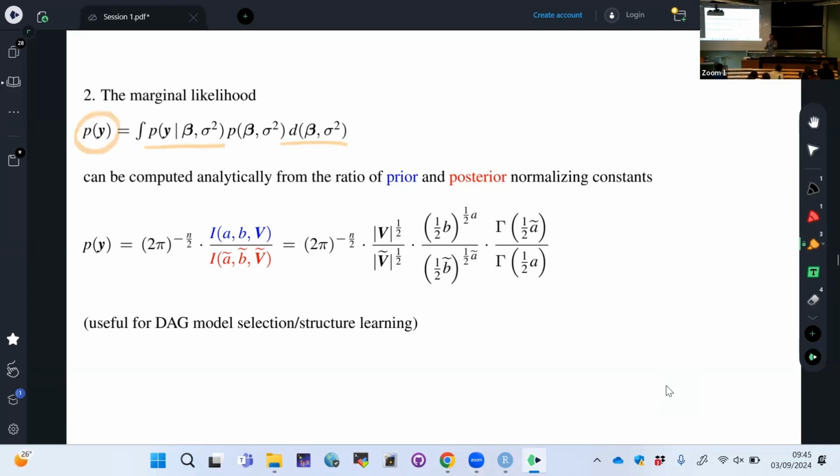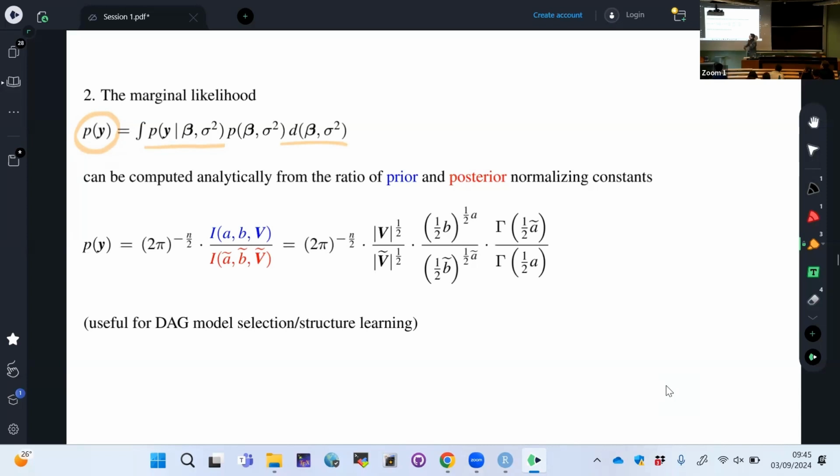Okay, so the marginal data distribution or marginal likelihood, p(y). And again, it is possible to show that this integral can be solved in a closed form expression, which depends on the prior and the posterior normalizing constants.